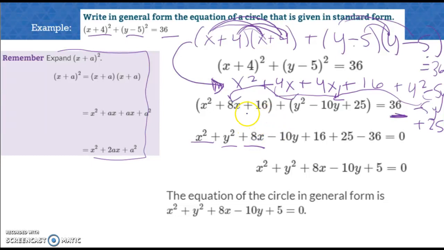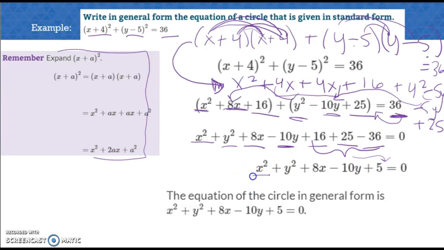We're just rearranging at this point. We move the 8x, the negative 10y is right here, and then we have 16 plus 25. Then we subtract our 36 over, because remember it was equal to 0. The final thing we have to do is combine the constants: 16 plus 25 minus 36 gives us 5.